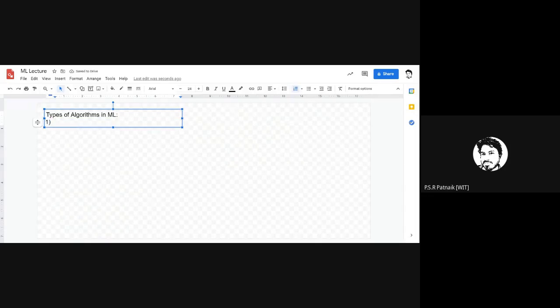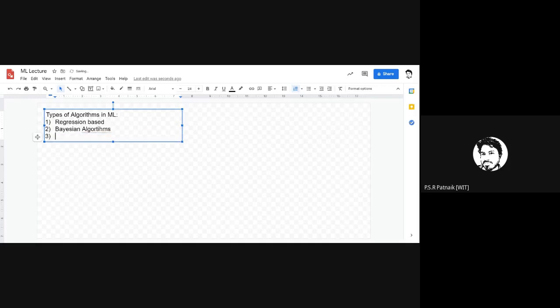So we have a few types of algorithms. Let me list them one by one so that you will be able to understand. The first one, which we have already seen, is based on regression. The second type of algorithms are sometimes called Bayesian algorithms.